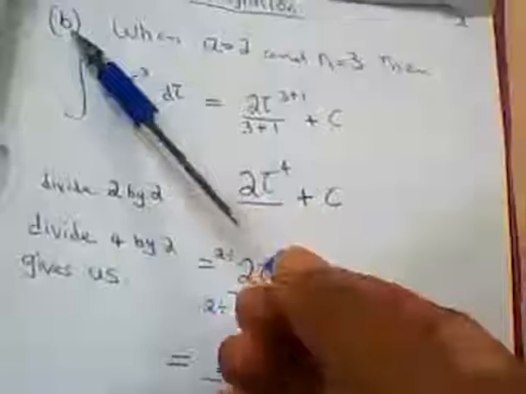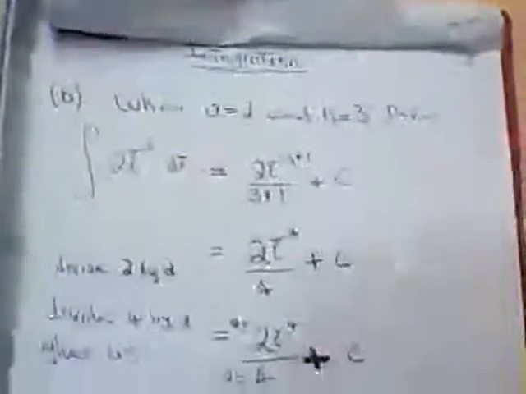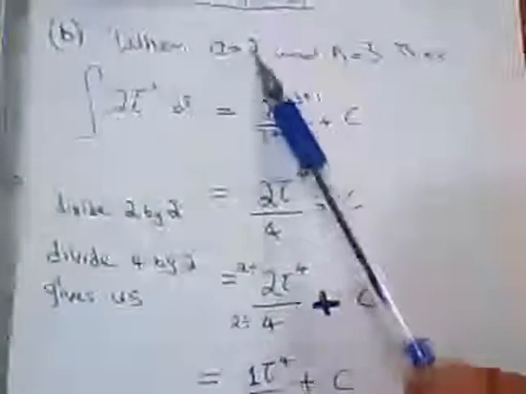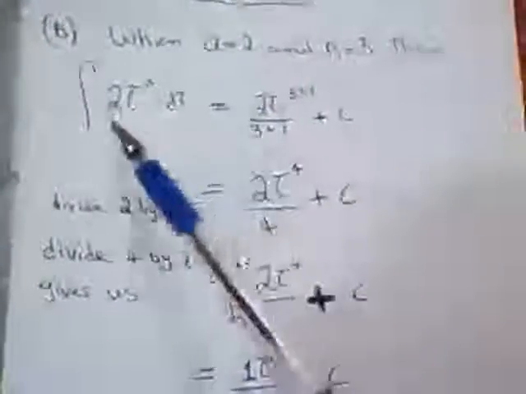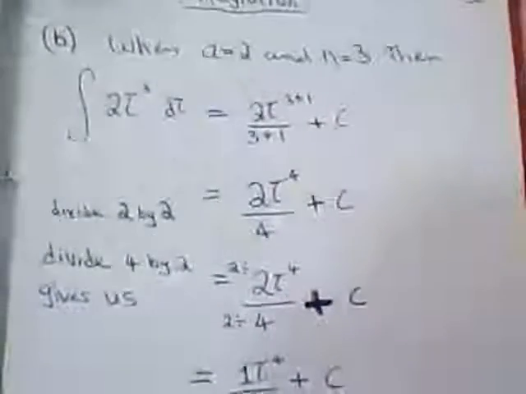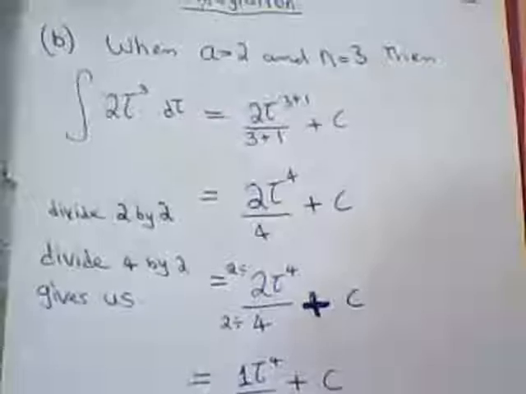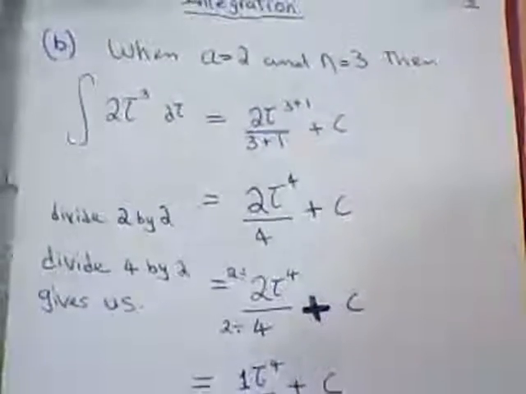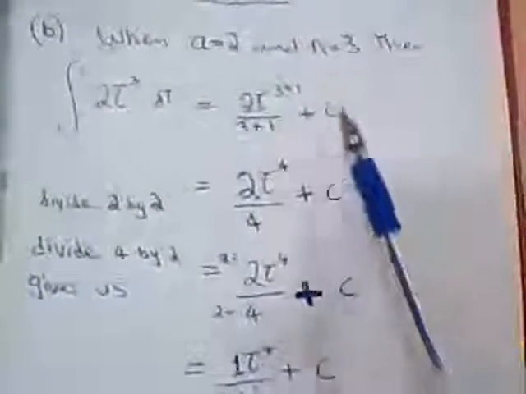Now, in respect of B, when A equals 2 and n equals 3, then 2t to the cube dt equals 2t to the 3 plus 1 over 3 plus 1, plus c, which is your constant again.